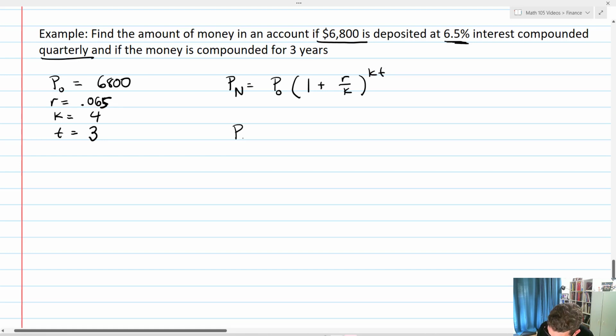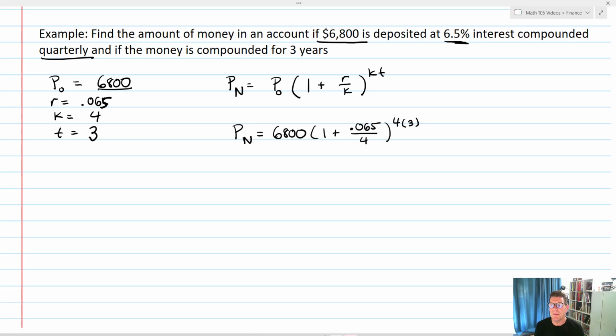So I'm going to put in my numbers. Pn, that's what I'm solving for, is equal to 6,800, because that's P naught, times 1 plus 0.065 divided by 4, to the 4 times 3. Okay? So now I'm actually going to do this problem, and I'm going to bring in my calculator.